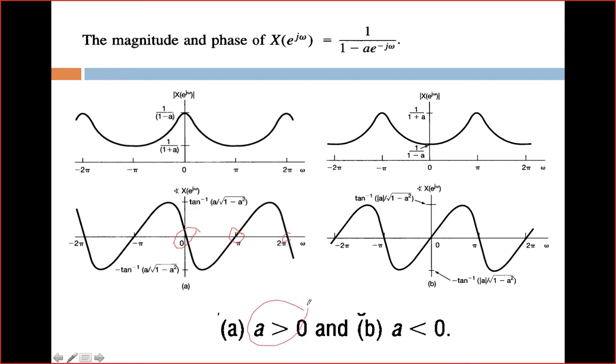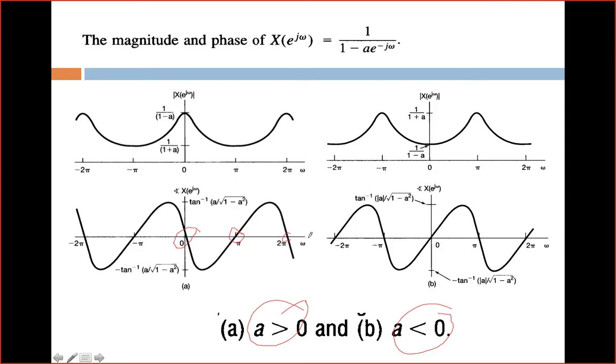At the same time, when a is less than 0, you will get a small change in the magnitude plot, and there will not be a big change in the phase plot, but you will get a mirror reflection with respect to the x-axis.